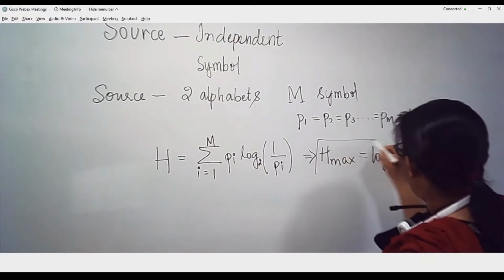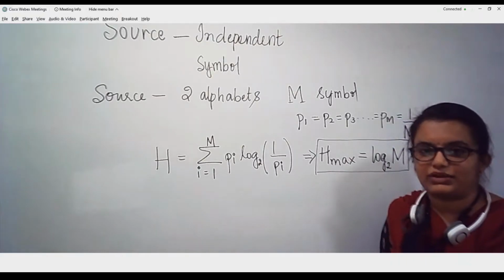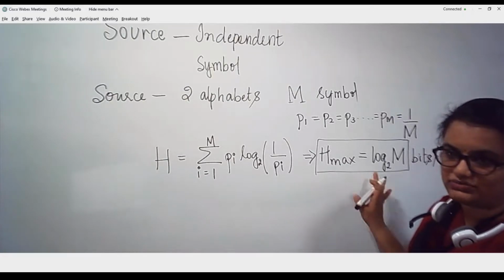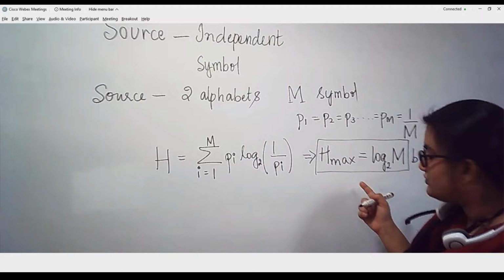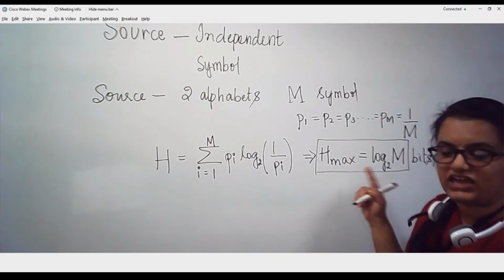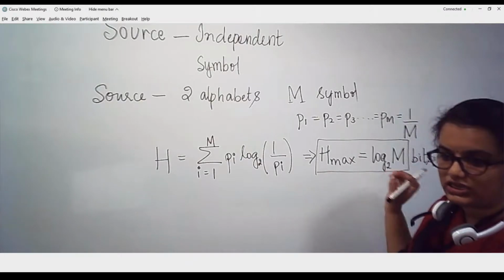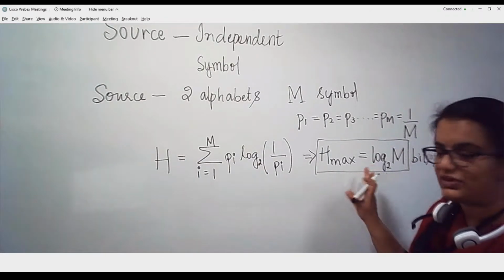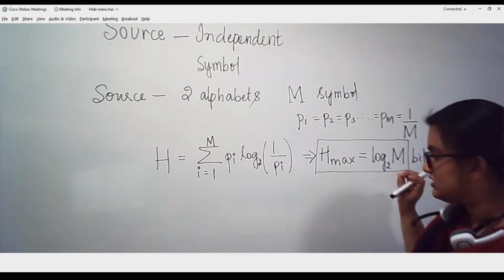Whenever all the symbols are independent of each other, I get the maximum entropy. That means there is maximum disturbance. Each and every symbol or alphabet will contain an equal amount of information, and thereby I cannot neglect the appearance of any of these symbols coming out of the discrete source.